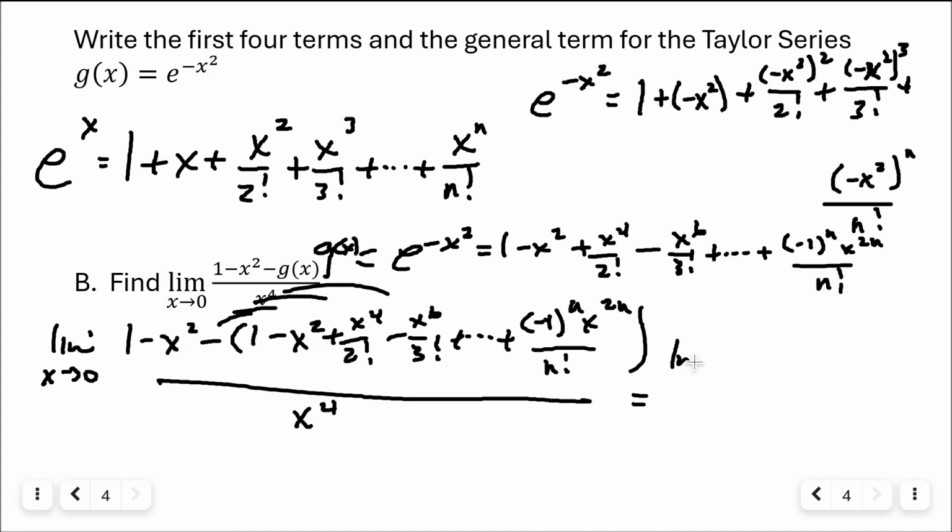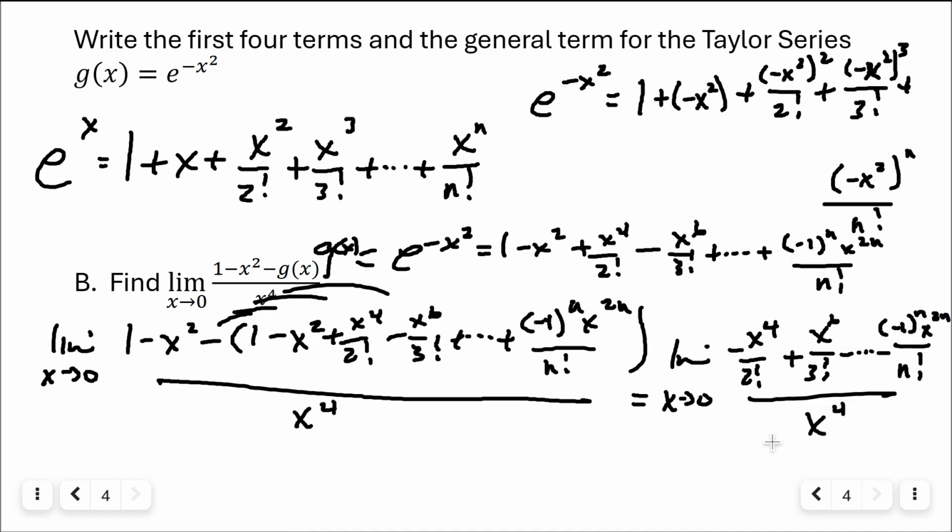And I'm left with the limit as x approaches 0 of negative x to the 4th over 2 factorial plus x to the 6th over 3 factorial, and so on up to the general term, negative 1 to the n, x to the 2n over n factorial, all over x to the 4th.